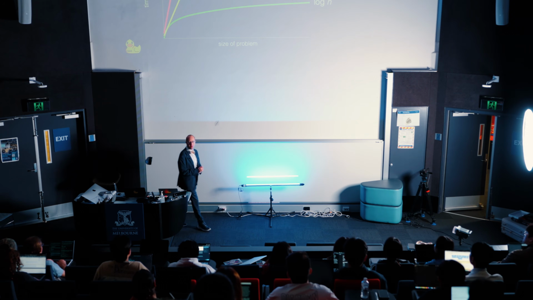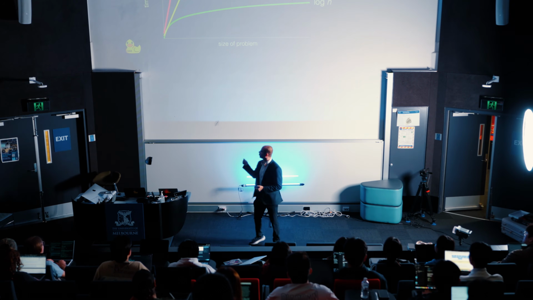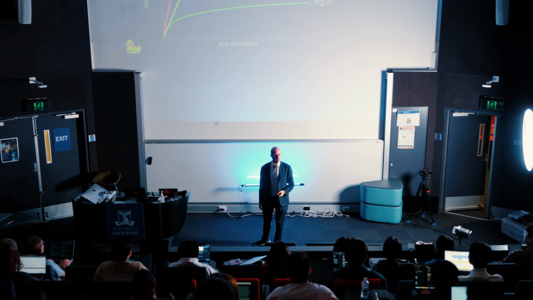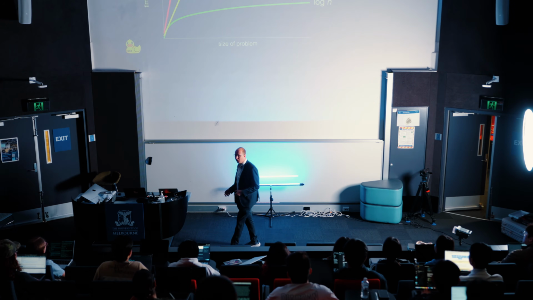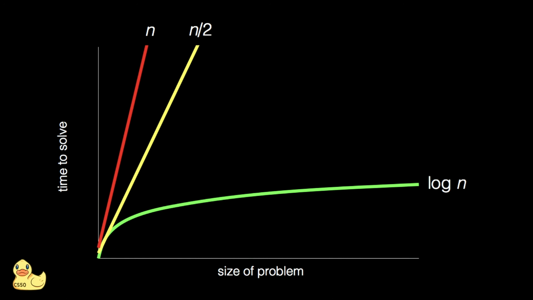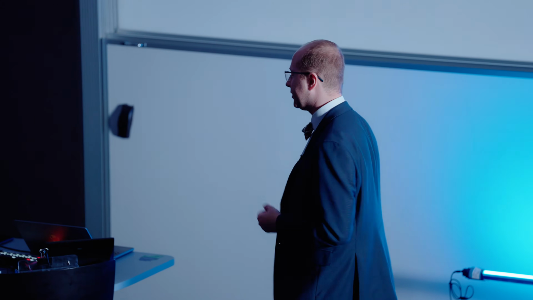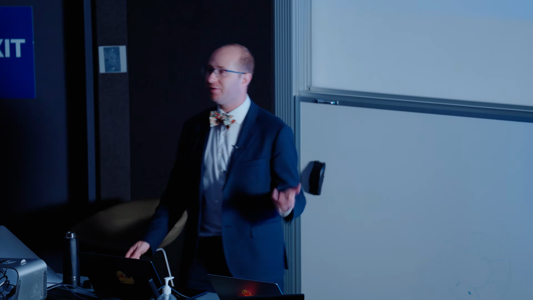Now, here's a different algorithm. This one runs in log n time, and that's a colloquial way of saying that for every n units of growth in the problem size, the amount of time it takes to solve the problem is only going to grow proportional to the log of the increase in the problem size. We could do this for all different kinds of growth rates. You could have n squared, n cubed, n factorial.